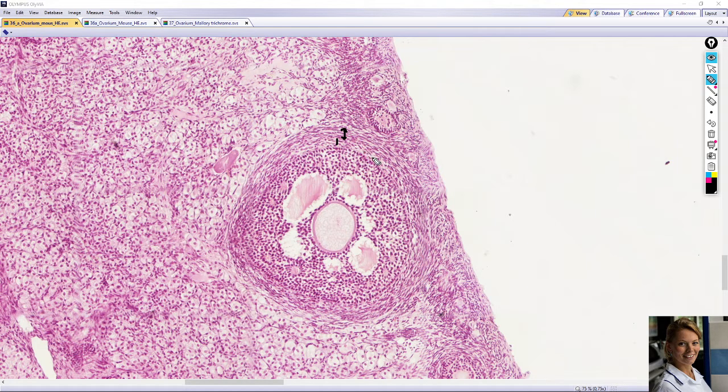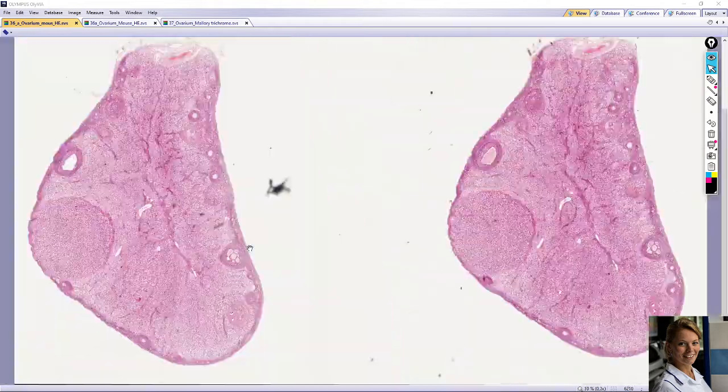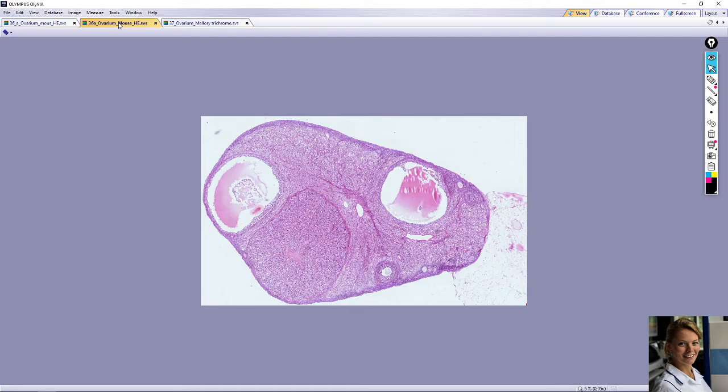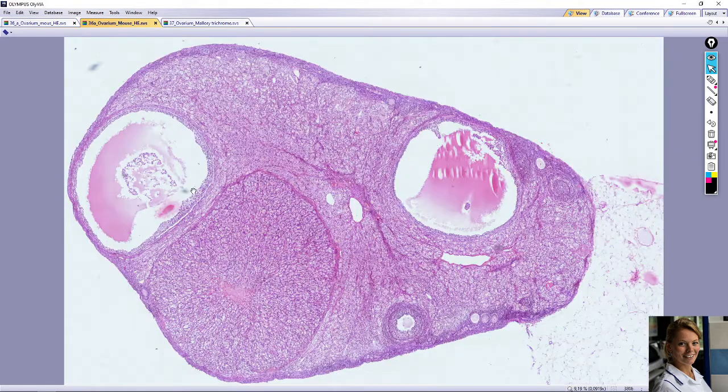Between the granulosa cells and theca is a basal membrane, also called membrane of Slavjansky. Here it's a very thin membrane between the granulosa cells and theca interna. So this is the secondary follicle, and the mature follicles, I switch to another slide.